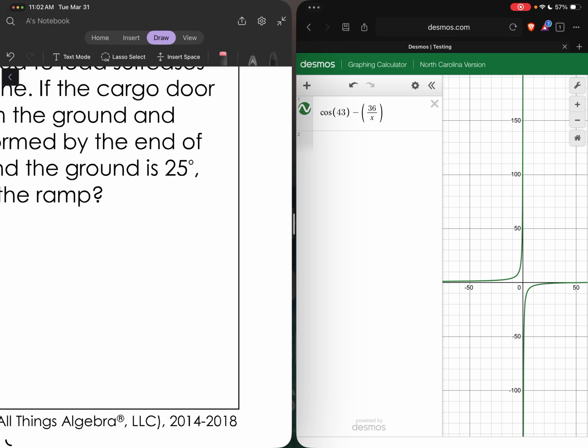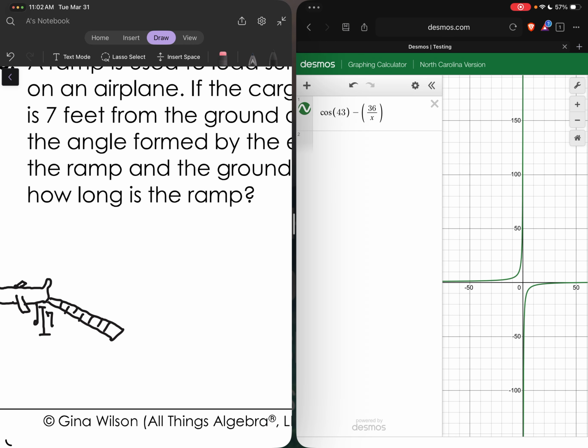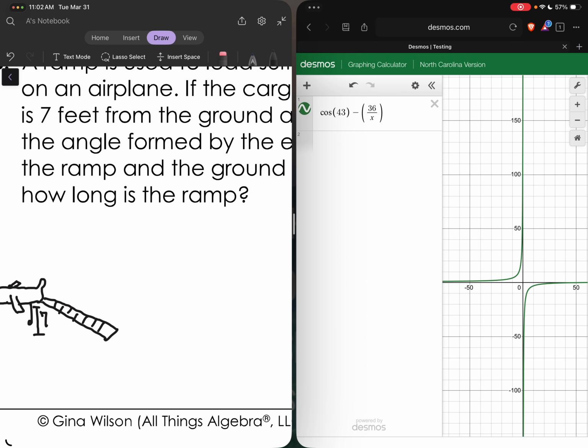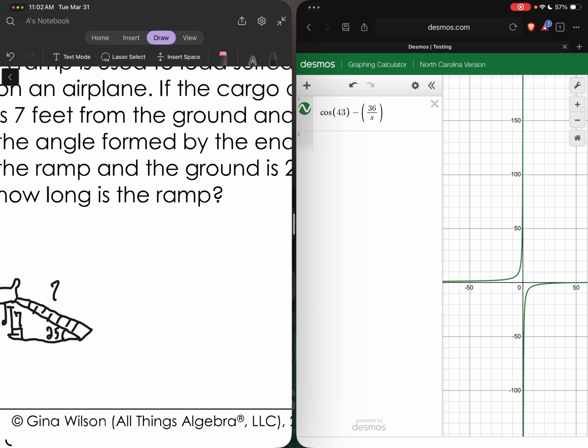So it's 7 feet off the ground. The angle formed by the end of the ramp and the ground is 25. This angle is 25. How long is the ramp?